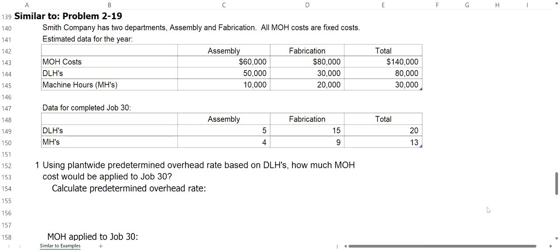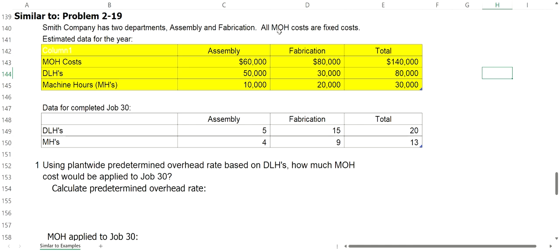Smith Company has two departments, assembly and fabrication. All manufacturing overhead costs are fixed, and the estimated data are as follows. So remember that right here is your estimated data, and that estimated data includes manufacturing overhead costs, direct labor hours, and machine hours.